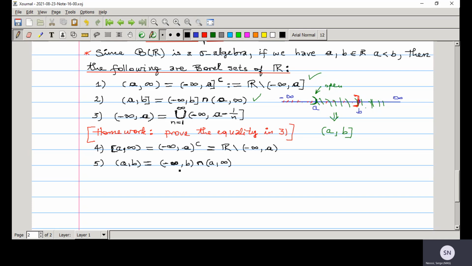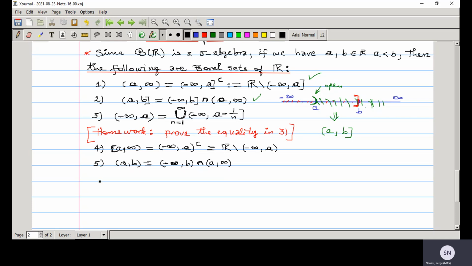We know that an interval of this form, from before, is an element of the sigma algebra. And from the first one, this is also in the sigma algebra, and the intersection, which is the open interval AB, is as well.